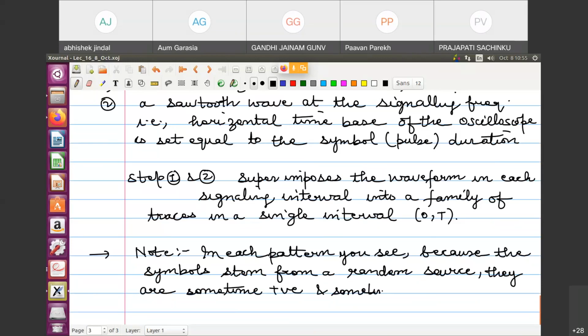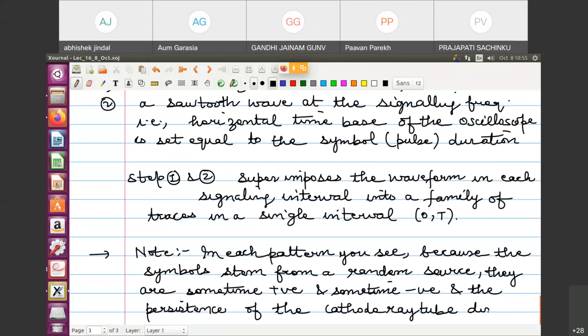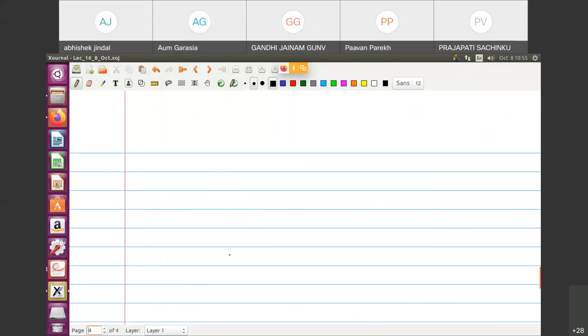Because it is a random source, there can be many possible values, and therefore you will see a box or an eye pattern. And the persistence of the cathode ray tube display allows us to see the resulting pattern shaped as an eye.